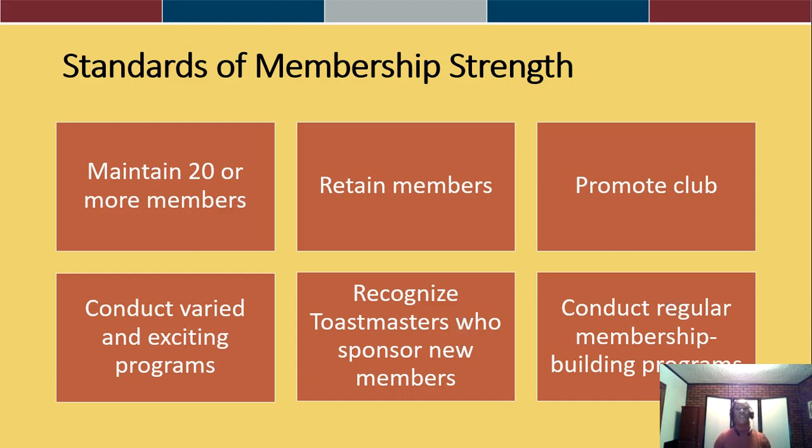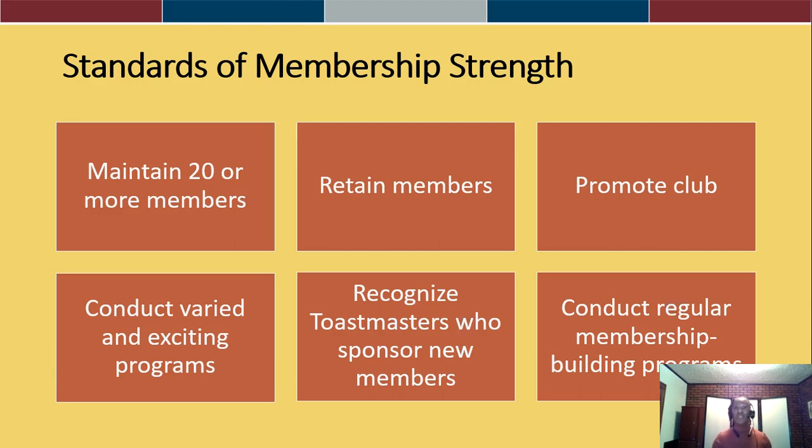Element number 5 of membership strength is to make certain that you give recognition to your members who are helping to recruit new members. Every membership application of a new member asks the question, who was the Toastmaster that encouraged you to join this club?